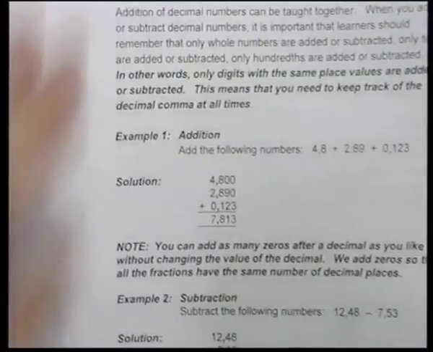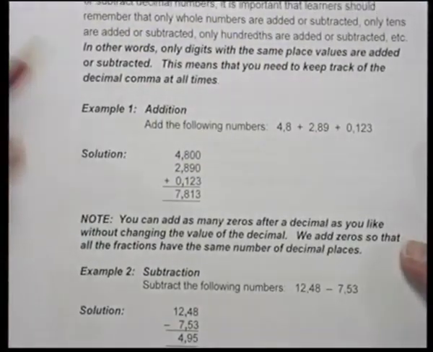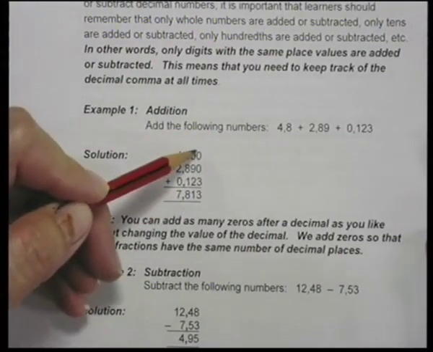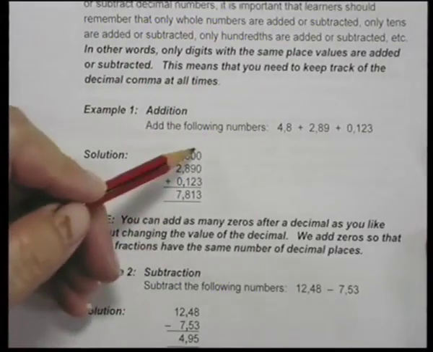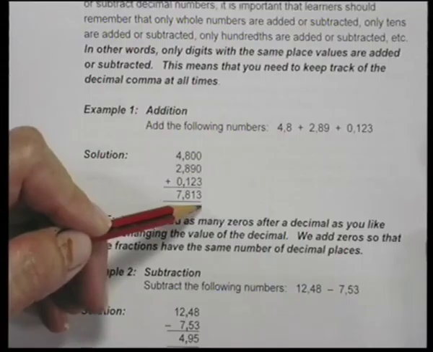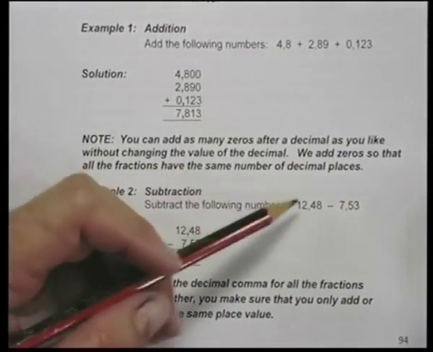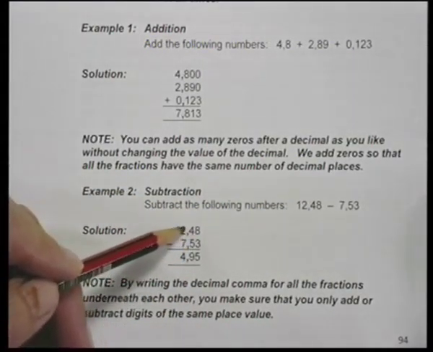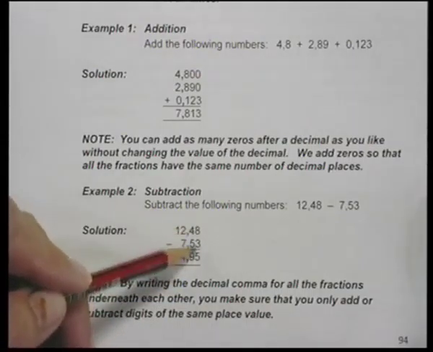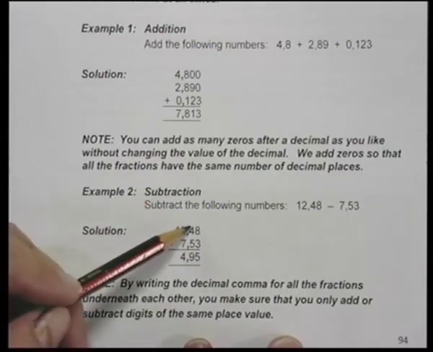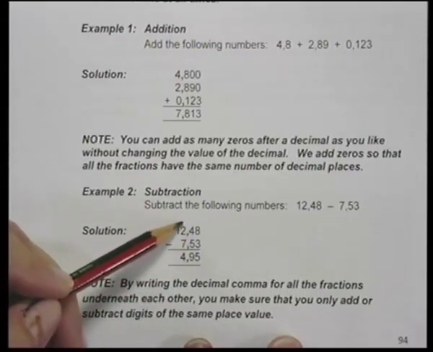The addition of fractions. Remember to write the commas underneath each other and put zeros for placeholders, and then you simply add up from the right to the left. Subtraction, 12,48 minus 7,53, the commas underneath each other, and start from the right and subtract. 8 minus 3 and 4 minus 5, we have to borrow.